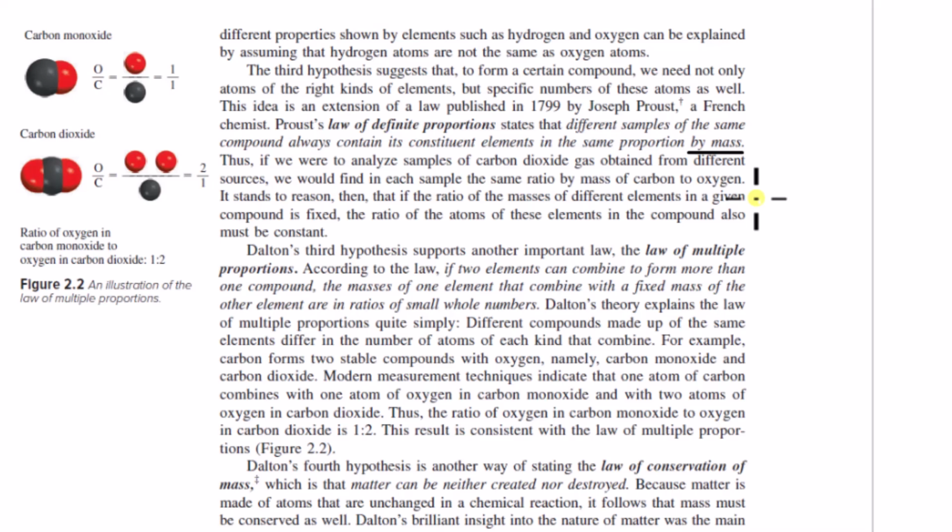Then no matter what, if you compare the ratios of the masses of the different types of elements in the compounds, you're going to get the exact same ratios for these substances coming from these different sources. And so that's why it's saying it stands to reason that, from the perspective of atomic theory, this must be pointing to the ratios of the atoms of those elements being the same.